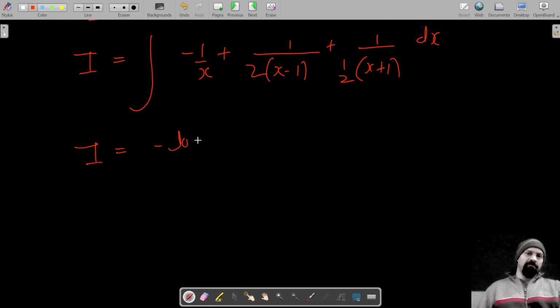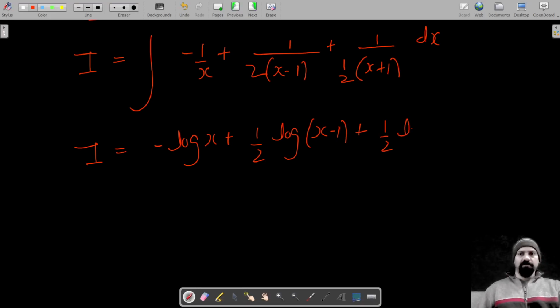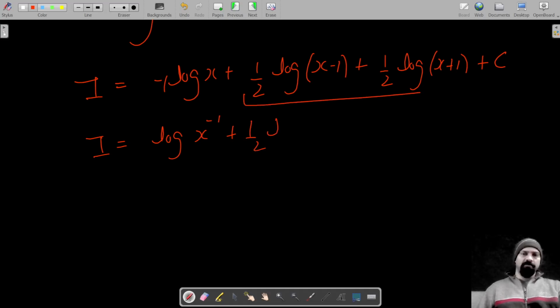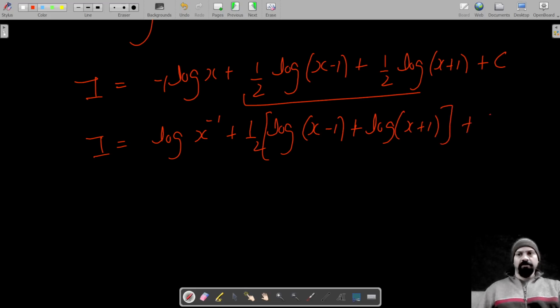This is negative log x plus half into log of x minus 1 plus half into log of x plus 1 plus c. This has to be simplified now. I can write negative log x as x raised power negative 1, but these two half is common, so this is log of x minus 1 plus log of x plus 1 plus c.